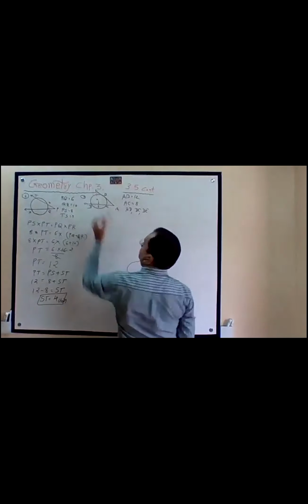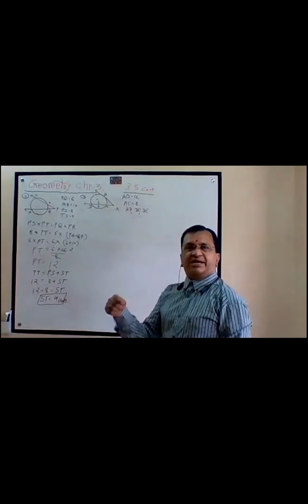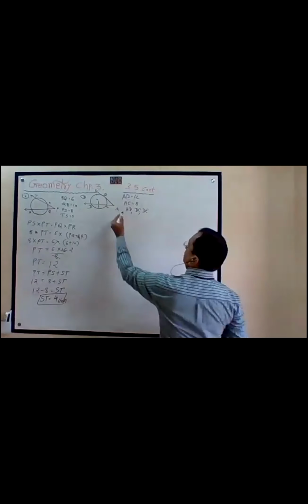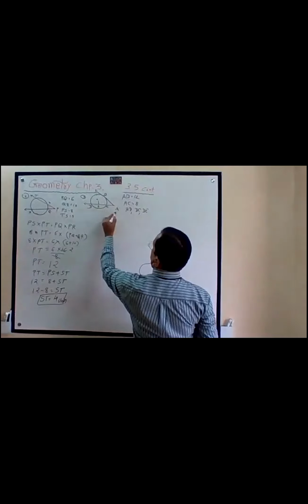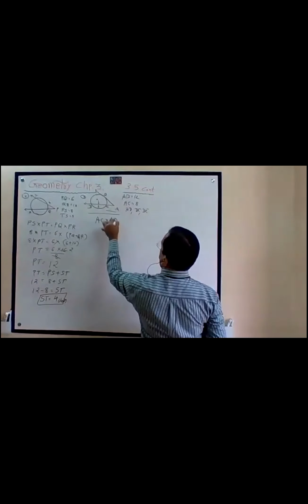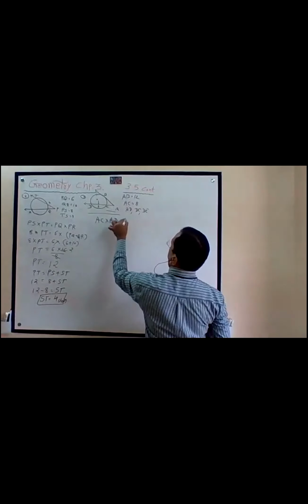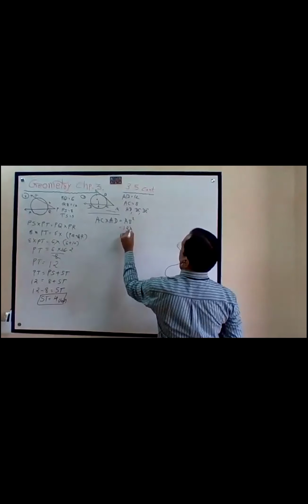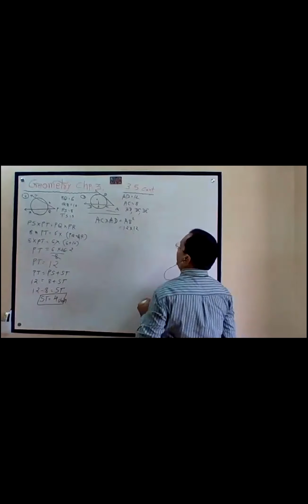Now, on segment based, third formula, AC into AD is equal to AB square, and that is given 12, so 12 into 12.